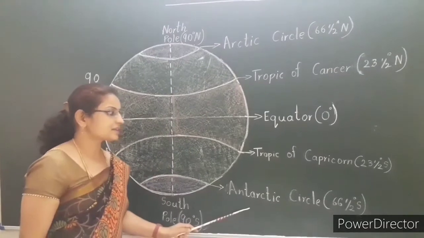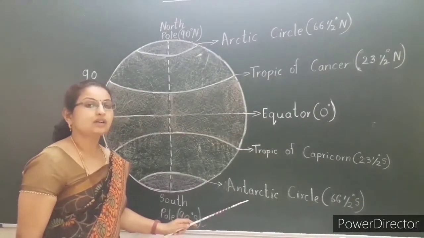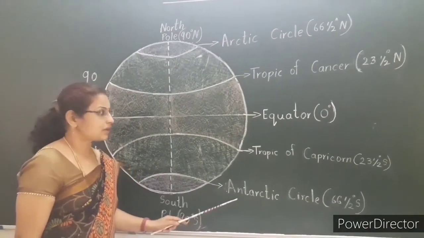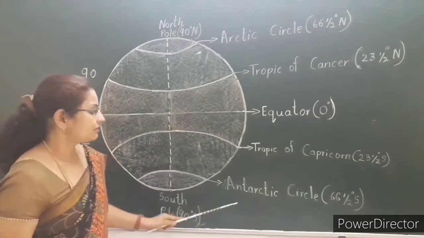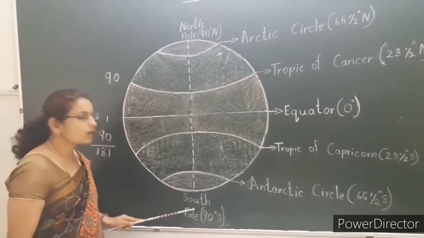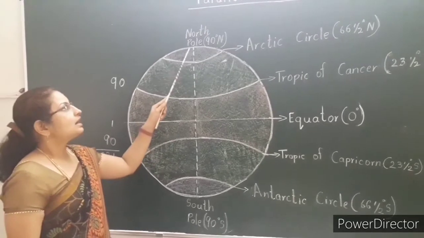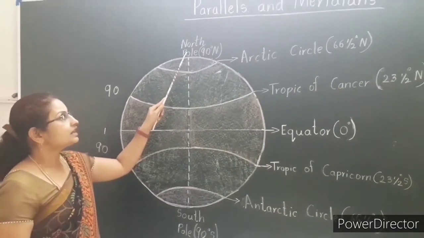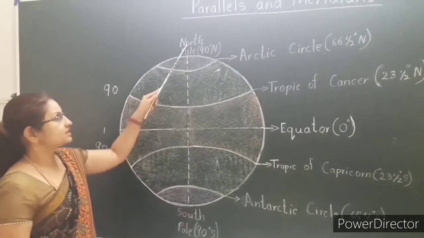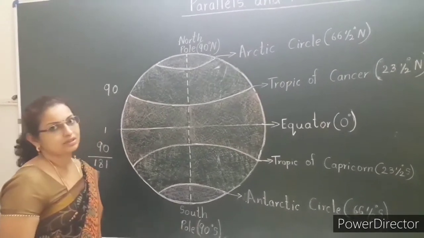Arctic and Antarctic circles are called polar circles because these circles are very near to the poles. And the 2 points of the Earth are considered as poles.